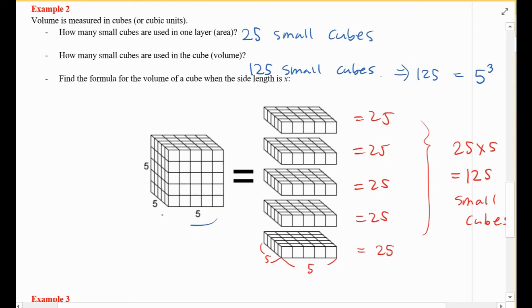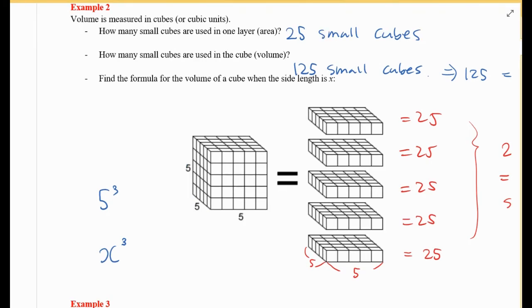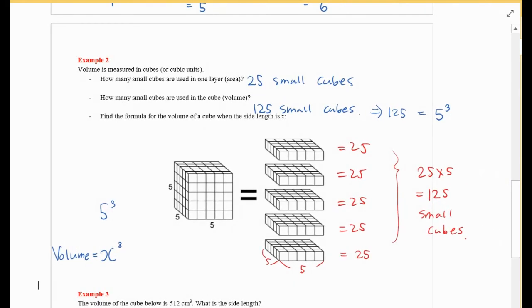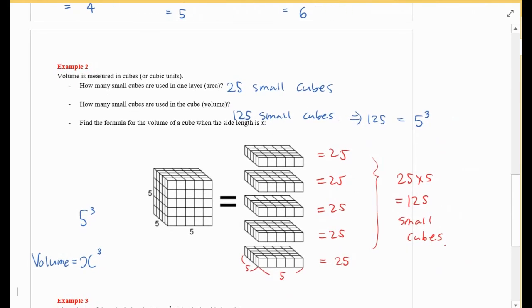You found the volume of this by cubing 5. If the side length is x, not 5, how would you find the volume? You have to cube x. The volume will be the cube of x. So x cubed will be the volume. Okay? So remember, volume is related to cubing, and area is related to squaring.